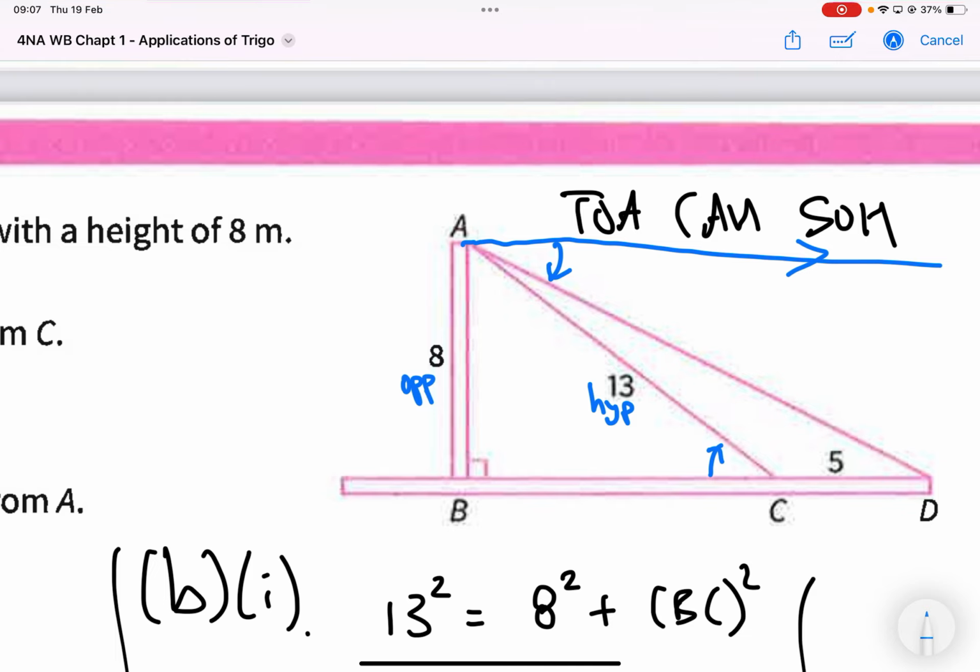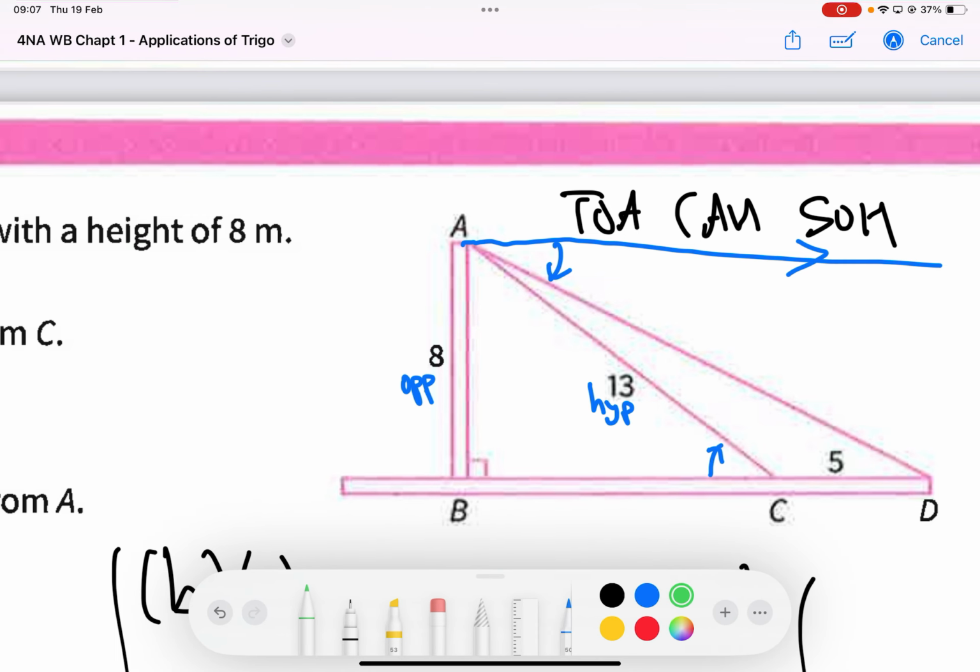Because I have a right angle triangle, with respect to this angle over here, if I find this, it's the same as finding this alternate angle. So how do I find this? I use this side and this side. With respect to this angle, BD is my adjacent.